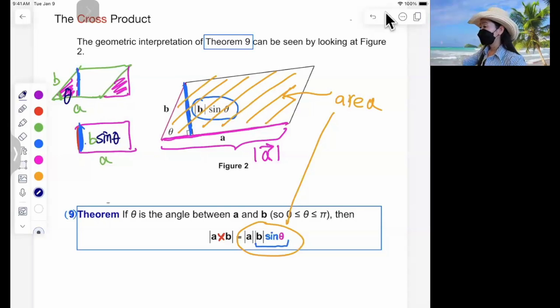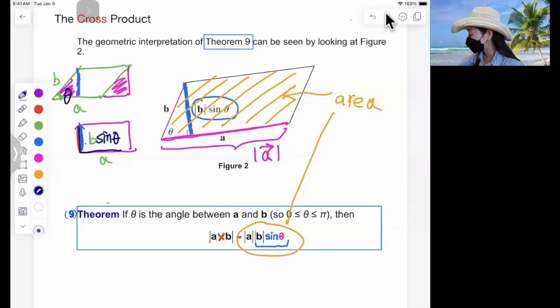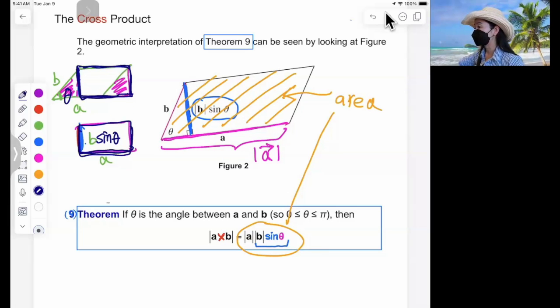Like you cut off that little triangle, and it compensates for the lost area. This one here is a triangle, and this is a rectangle. Do you agree this one here is the same as this one?